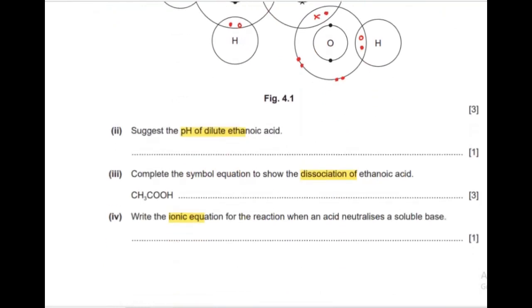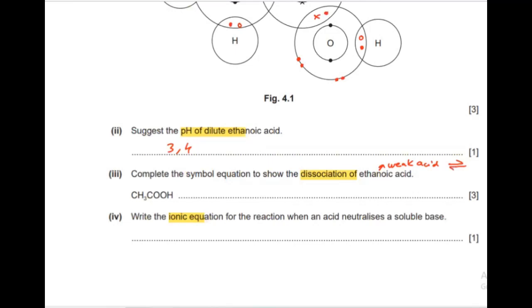Suggest the pH of dilute ethanoic acid. As you know that ethanoic acid is a weak acid, you can write the pH as like 3 to 4 or less than 7. Now, there is a dissociation of ethanoic acid. Whenever you have a weak acid and you want to dissociate it, you must show the sign of reversibility.